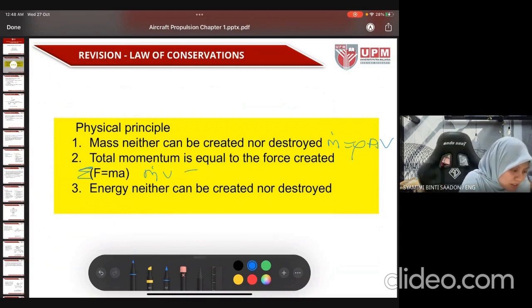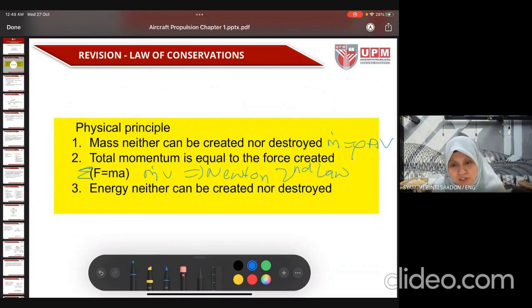This is actually Newton's second law, the conservation of momentum.